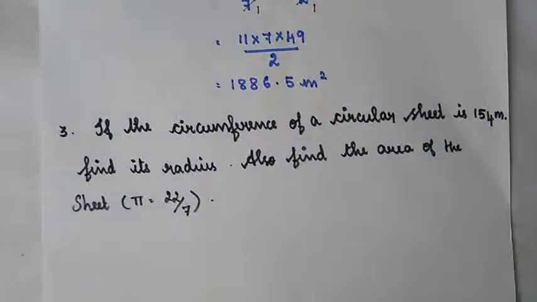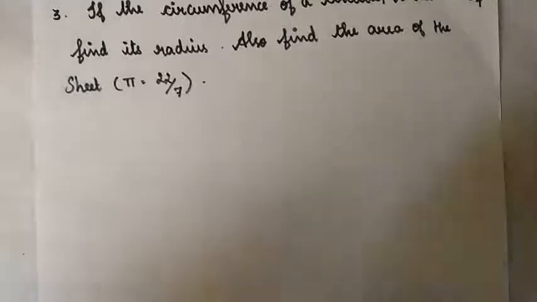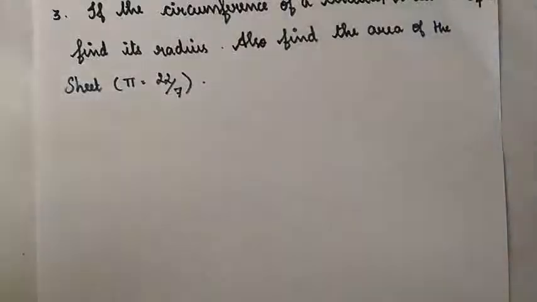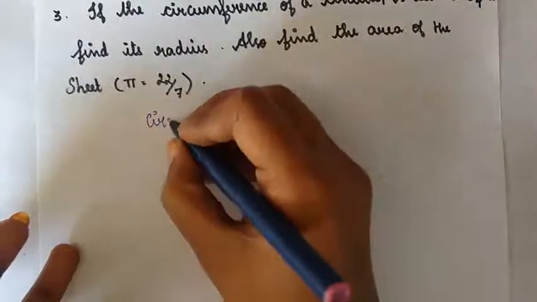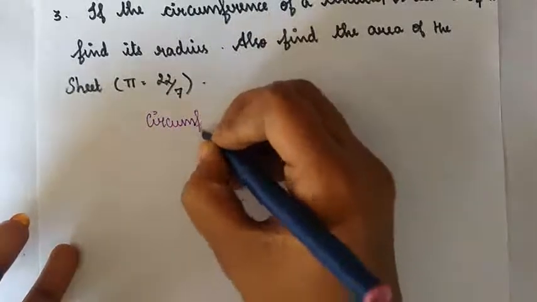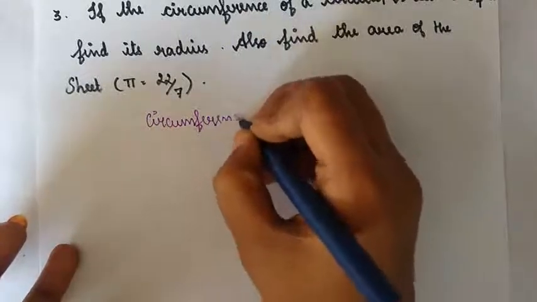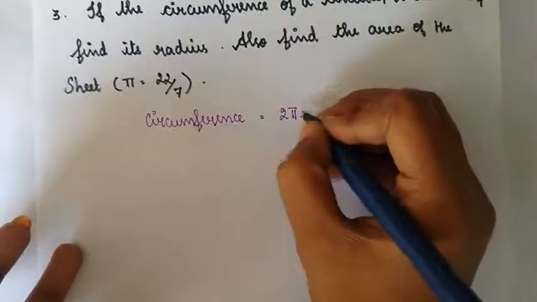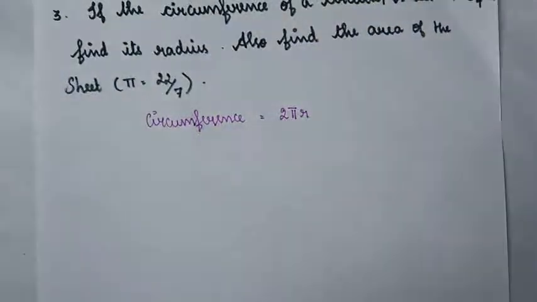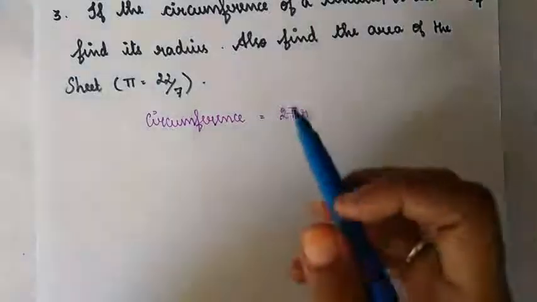First we have to write the formula for circumference. Circumference of the circle is 2 pi r. Here what is given?